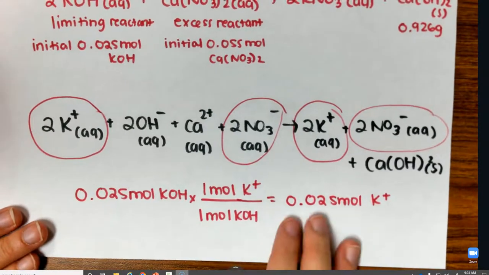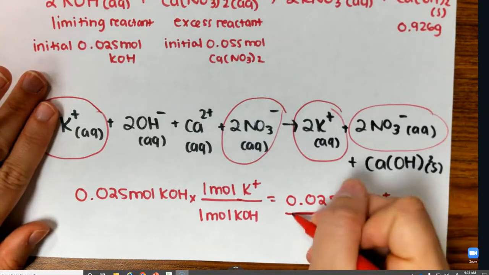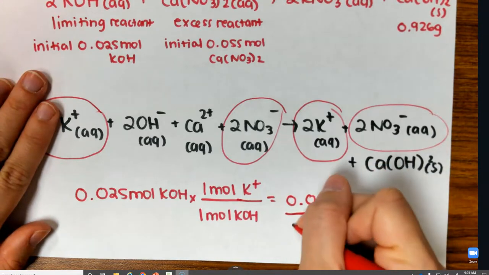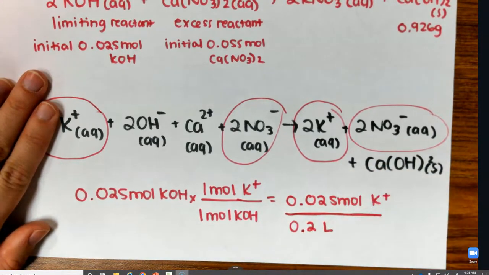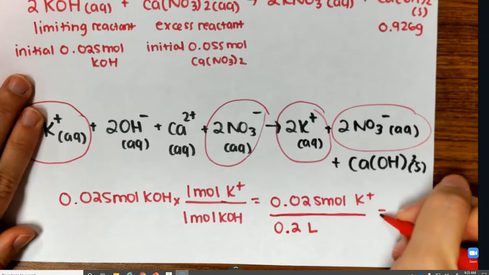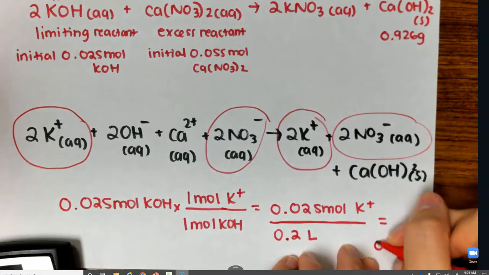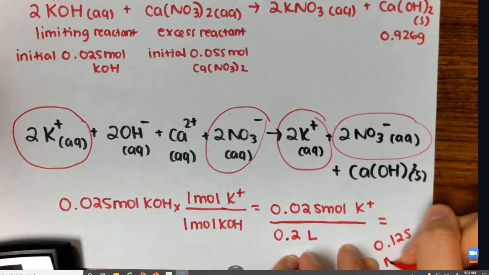So I don't divide by 100 milliliters. I'm going to divide by 0.2 liters, or 200 milliliters, because that's how much I finished with. When I do that, that gives me 0.125 molar potassium concentration.